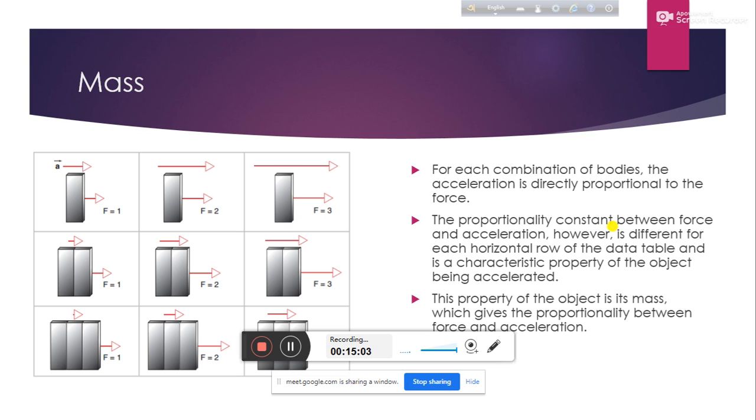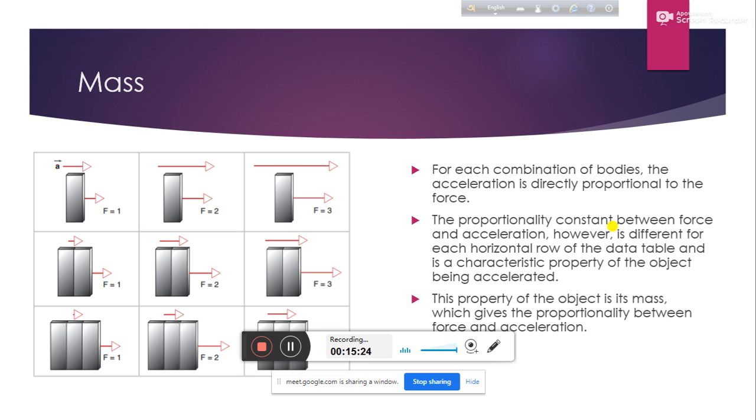Now, if acceleration is proportional to the force, if F is proportional to A, where F is the force and A is the acceleration, then there must exist some constant of proportionality so that we can convert the proportional relation into an equation.